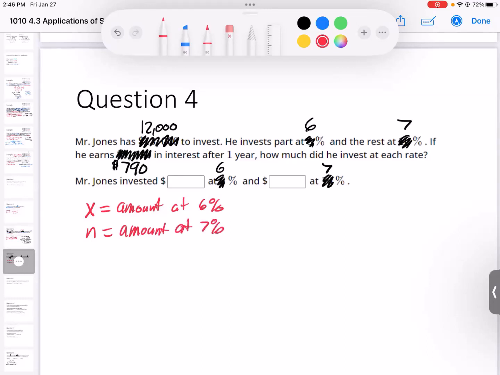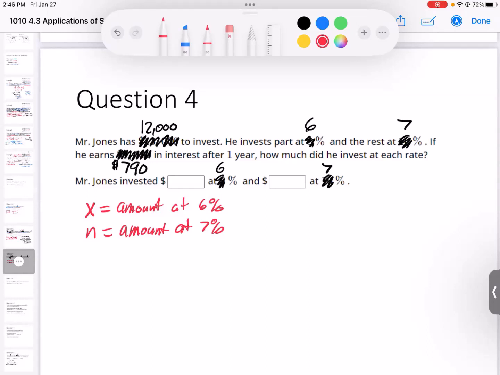So with this, we say, okay, those 2 are the amounts he invests at those percentages, right? Like that's the amount of money he invests. So in this problem, looking at units may not be super helpful because it all has to do with money. You have the amount he invests, where the total is 12,000, and then you also have an interest money of 970, or sorry, 790.